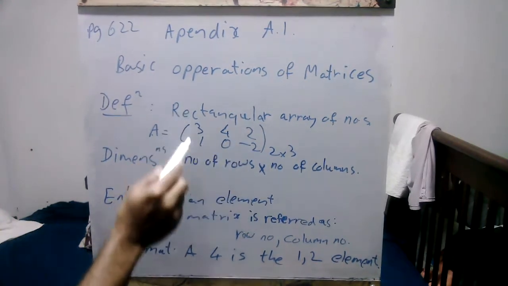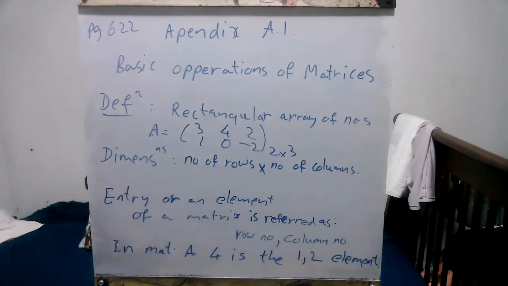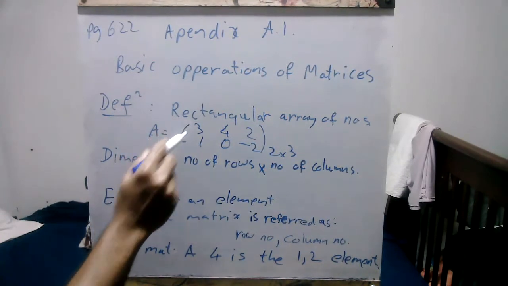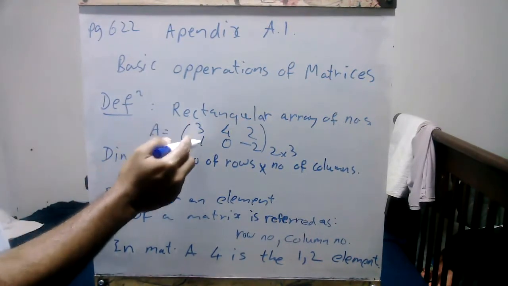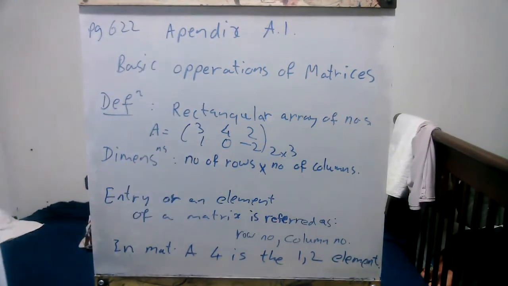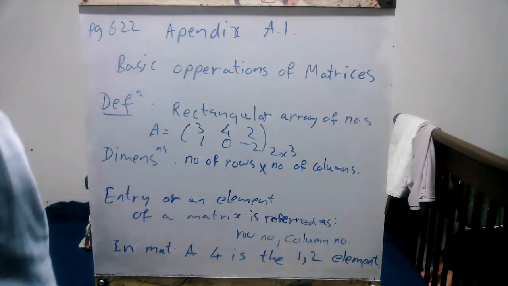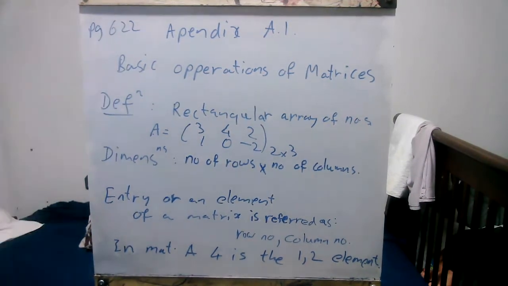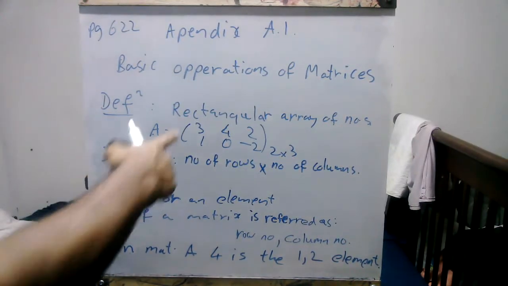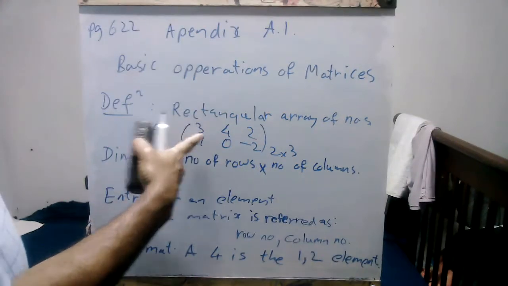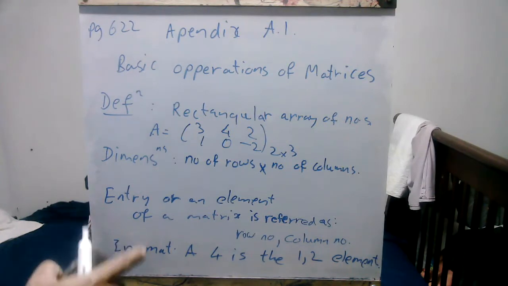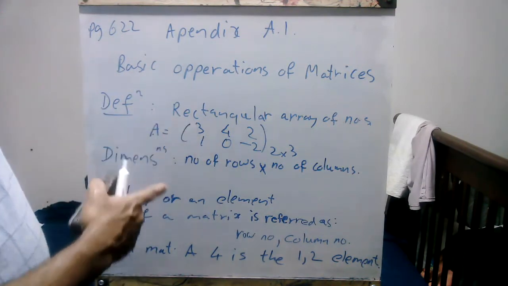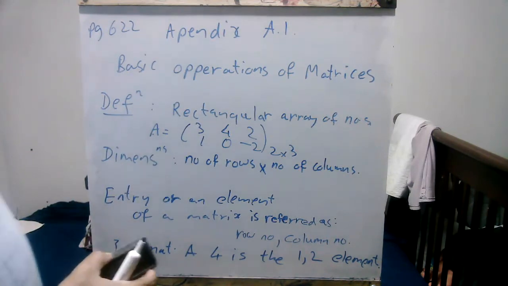How about -2? It is the 2, 3 element. Likewise, this one is the 2, 1 element, right? Okay, that's how we refer to these elements. We call these elements, or sometimes entries. We refer to entries by row number and column number, right?